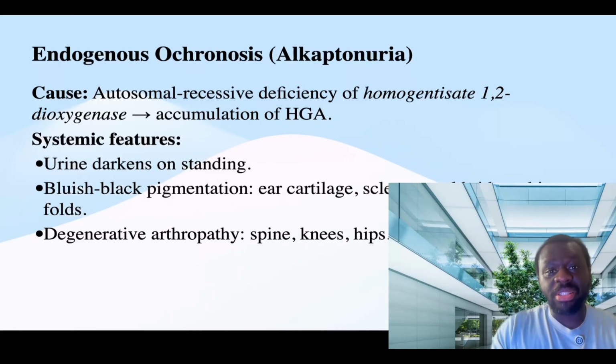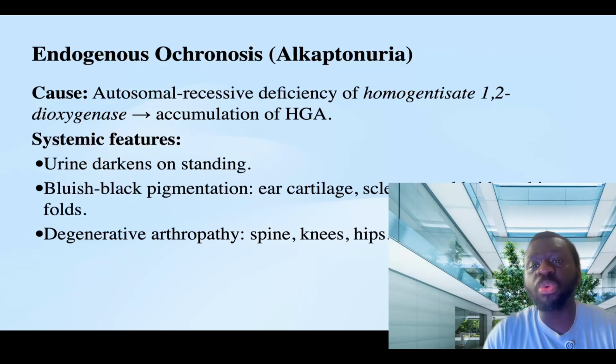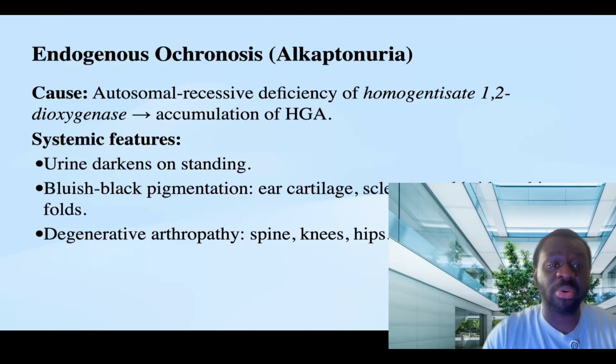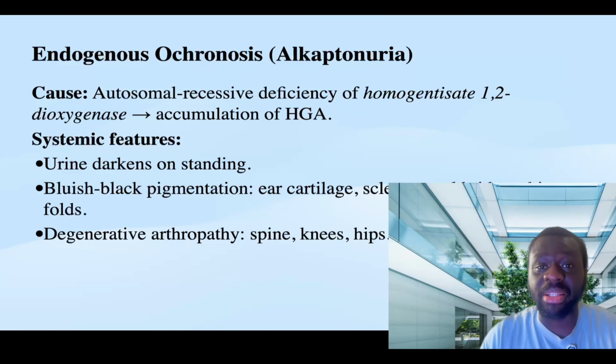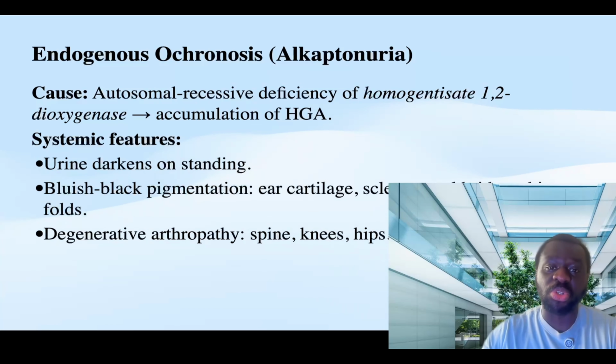Endogenous ochronosis is seen in alkaptonuria, an autosomal recessive deficiency of homogentisate 1,2 dioxygenase, which is an enzyme that is important for the breakdown of homogentisic acid enzymatically.